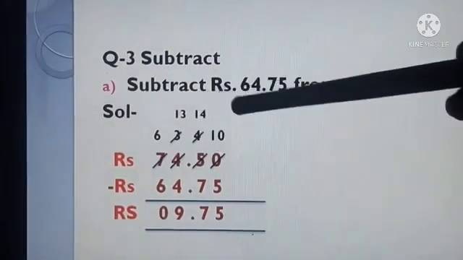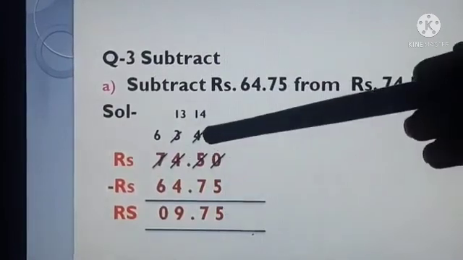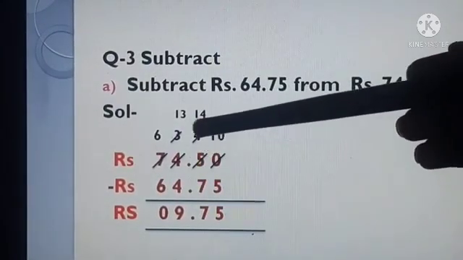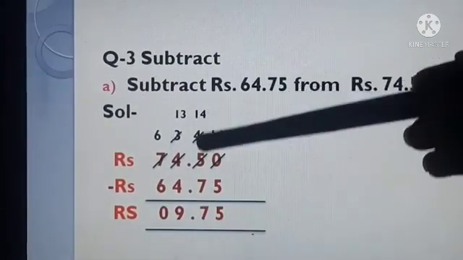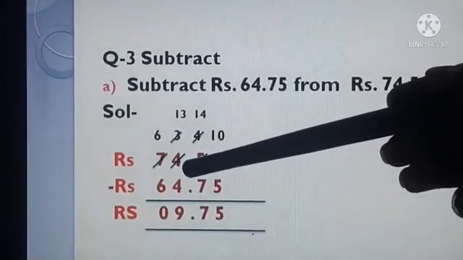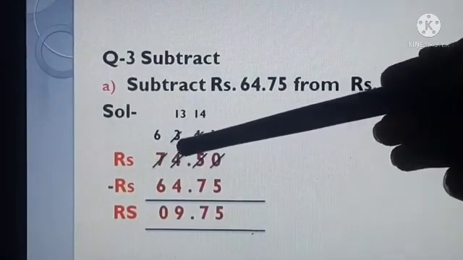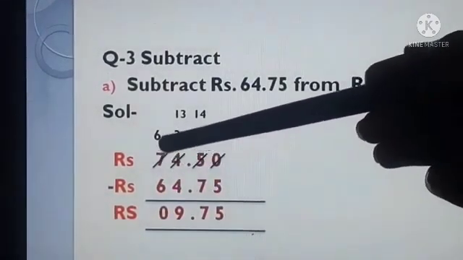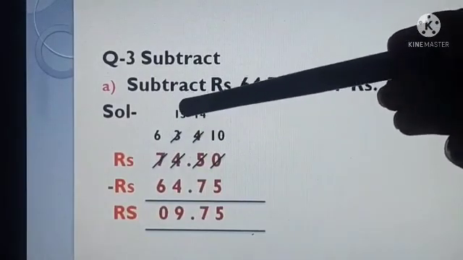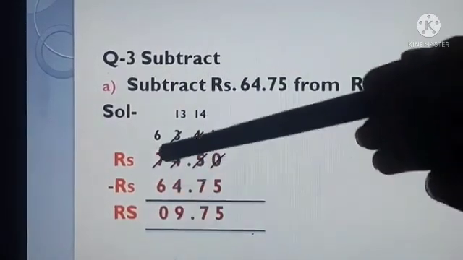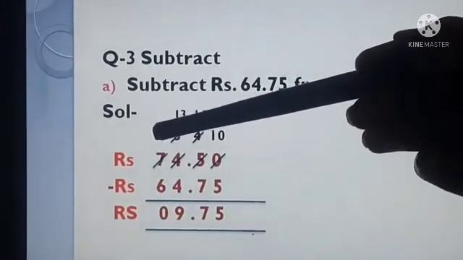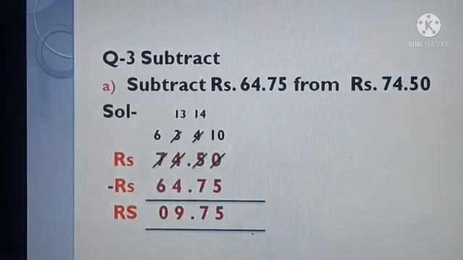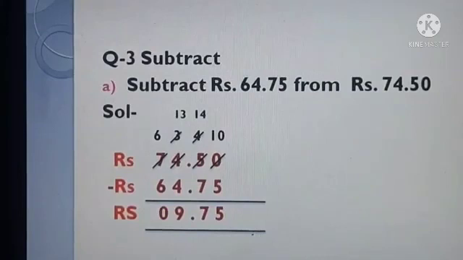It will become 10, 5 will become 4. 10 minus 5, 5. 4 minus 7, not possible, again it will take a borrow, it will become 14. 14 minus 7, 7. 4 has now become 3, 3 minus 4, not possible, so it will take a borrow. 3 will become 13, 13 minus 4, 9. And 7 will become 6 because it gave the borrow. 6 minus 6, 0. So our answer is rupees 9.75.